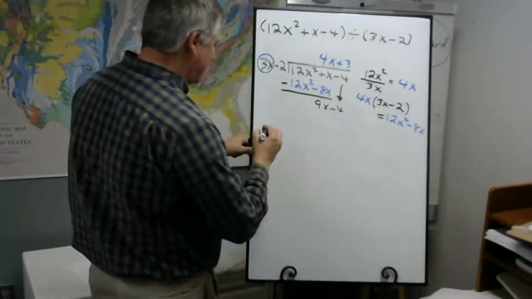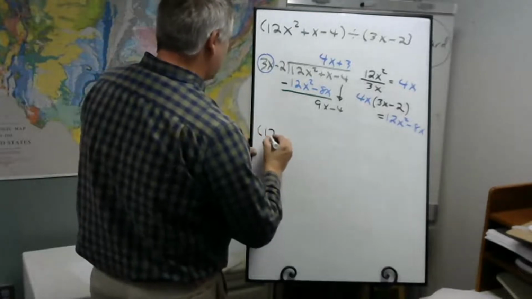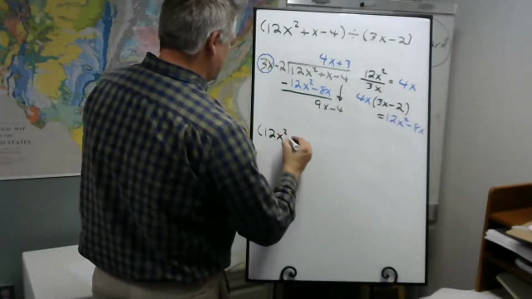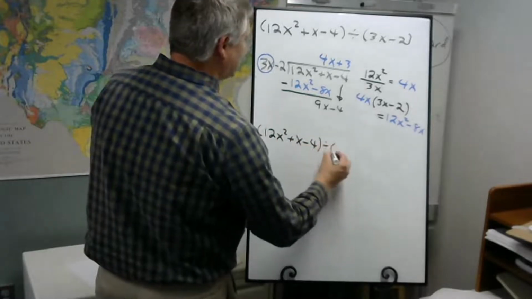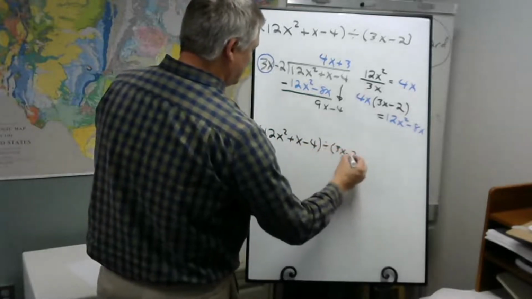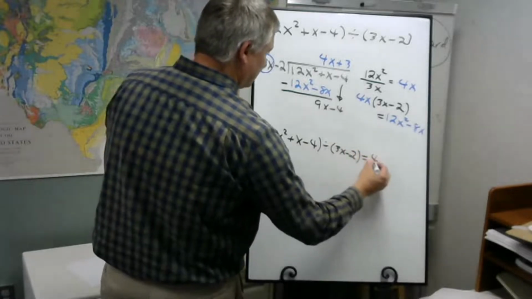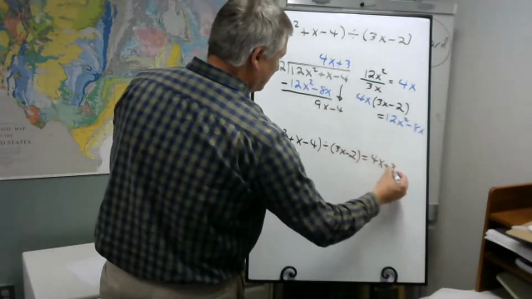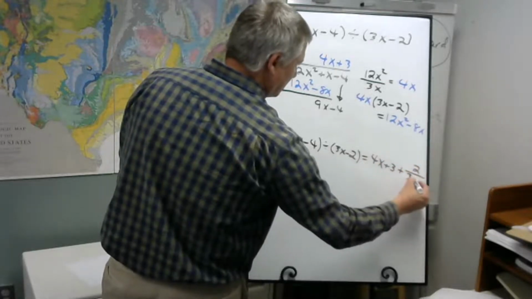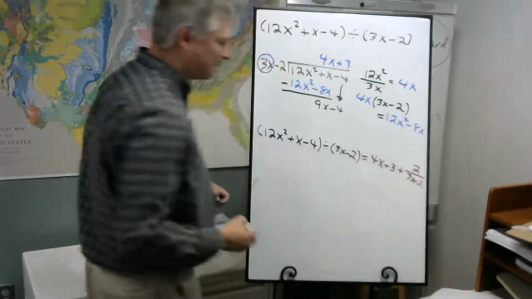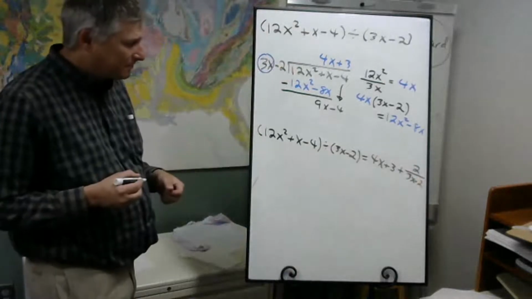So what we figured out was that 12x squared plus x minus 4 divided by 3x minus 2 equals 4x plus 3 plus 2 over 3x minus 2. That's what we got as an answer.